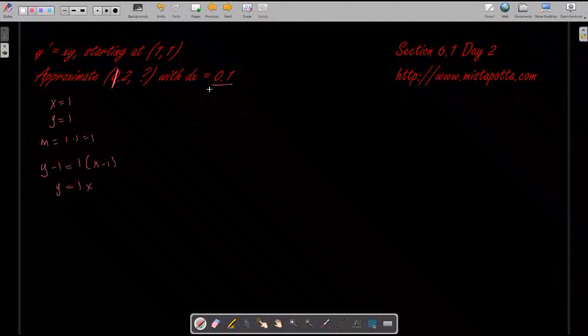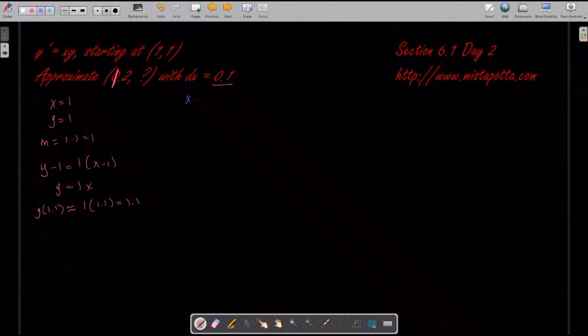So I want to substitute 1.1. Y of 1.1 is approximately equal to 1 times 1.1. And now I'm ready to do the second iteration.